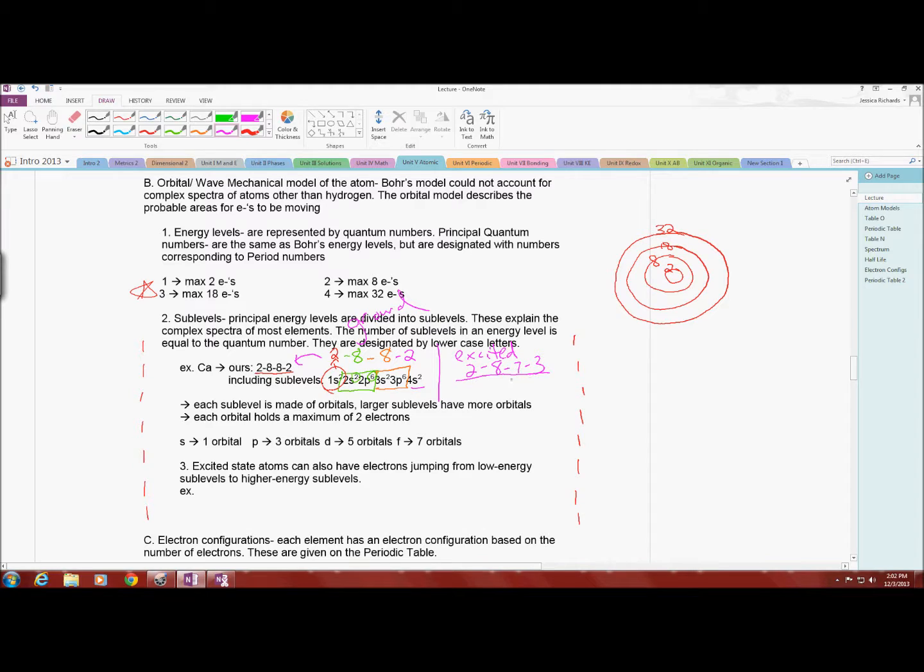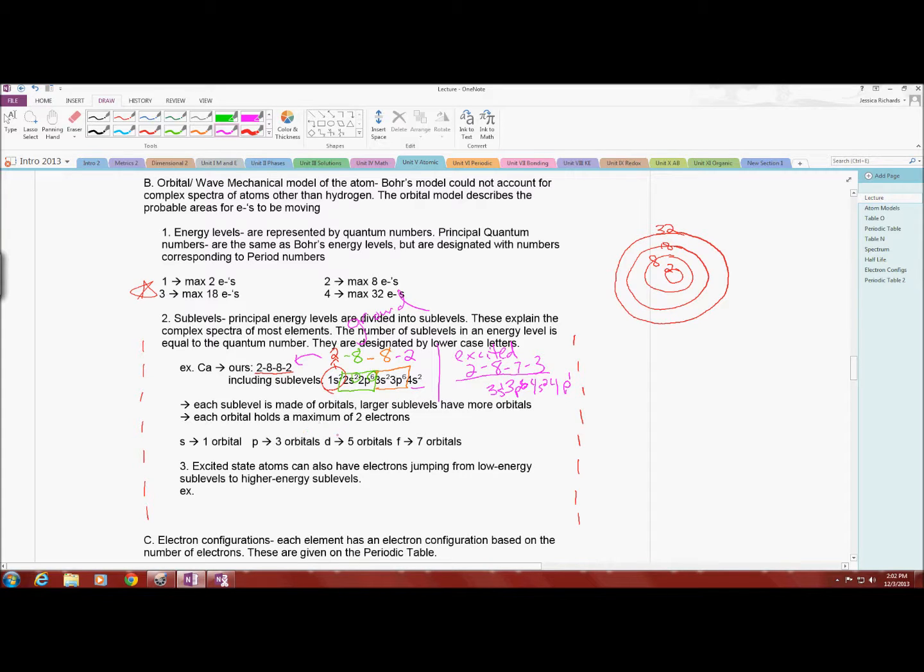But with this type of notation, you can have this 3p electron jump to a 4p sublevel. Or maybe the 3s. Maybe this is still 6, and maybe we have a 3s1, and this electron jumped to this p sublevel. So it gave more choices, and it explains those spectral lines better.